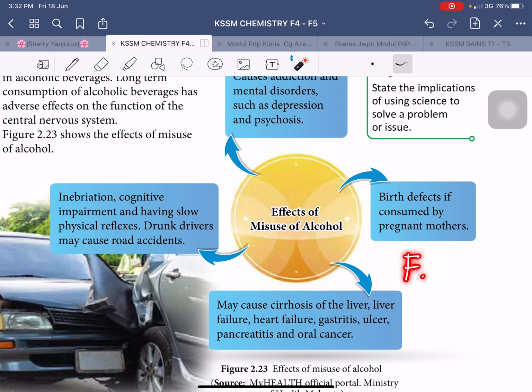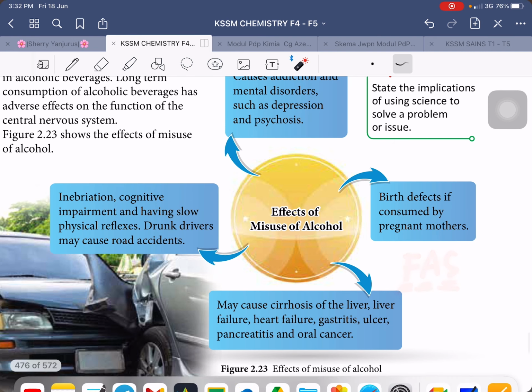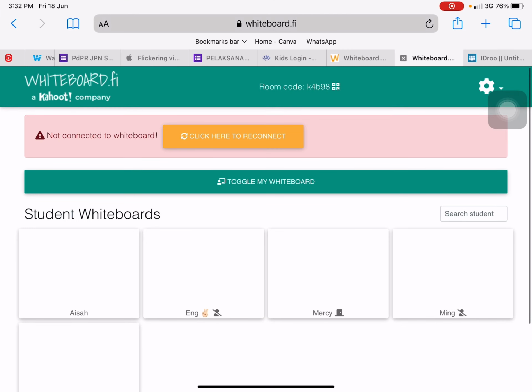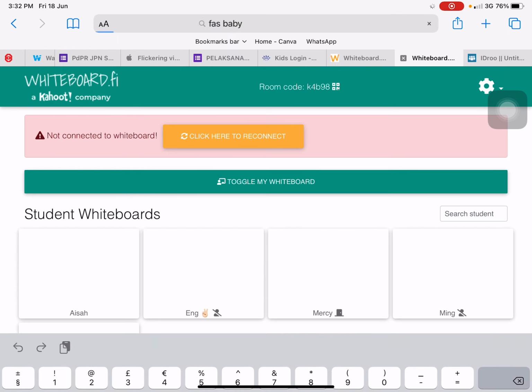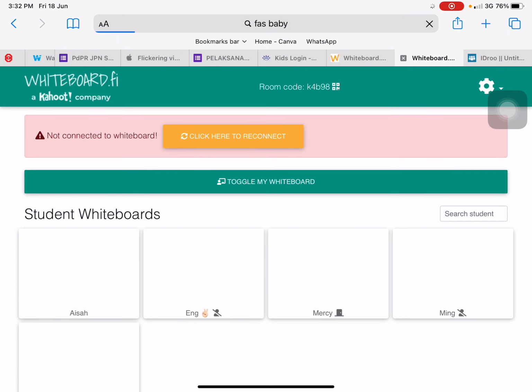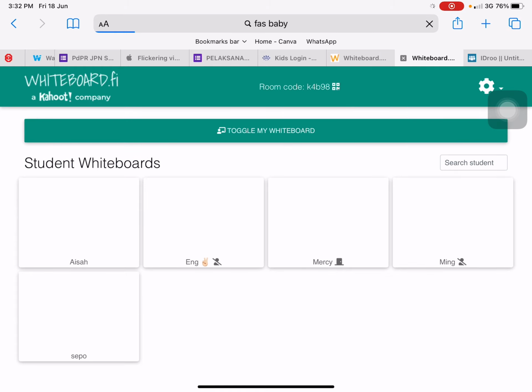And that defect is FAS, fetal alcohol syndrome. So let me show you what is FAS. FAS baby look like. FAS baby is a baby with defects due to the mother drinking a very large amount of alcohol while pregnant.